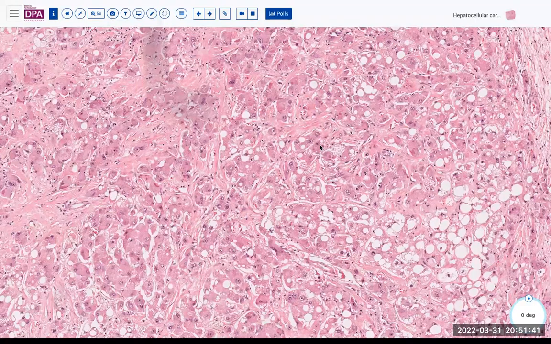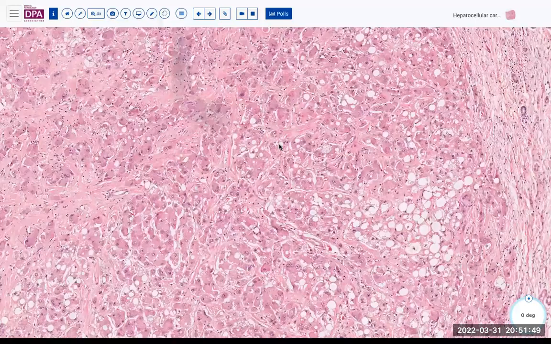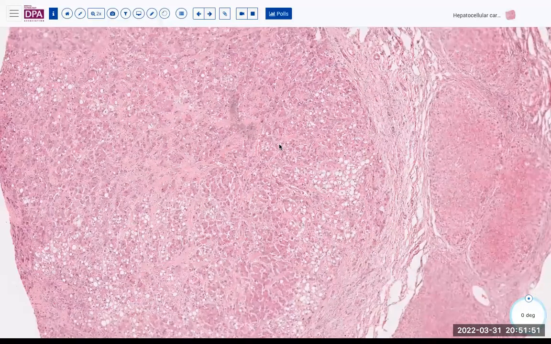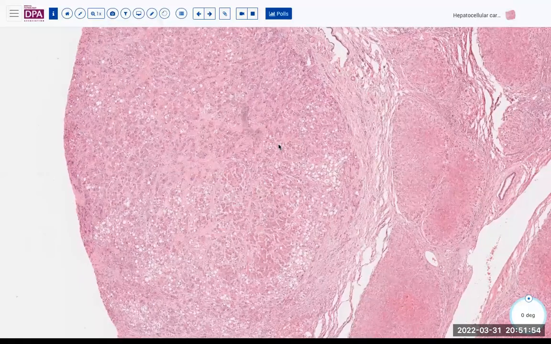The other marker that can be quite useful is CD34. Adenomas should not have endothelial cells. They should still be sort of confined to Kupffer cells.